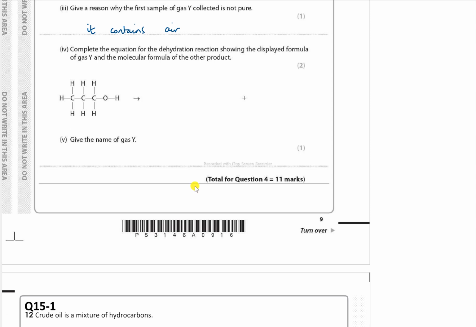So dehydration involves water, so we're removing water, so really we just want to remove that. So you've got H2O. Right, okay.